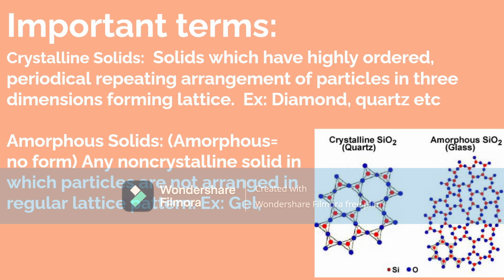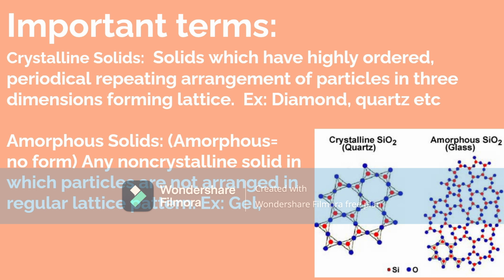What are crystalline solids? Solids which have a highly ordered, periodically repeating arrangement of particles in three dimensions, forming a lattice, are known as crystalline solids.